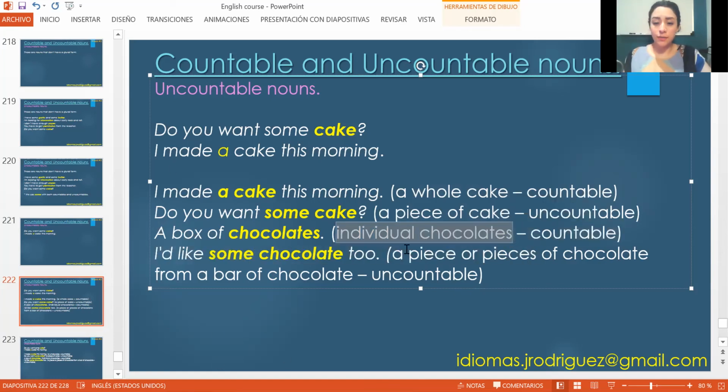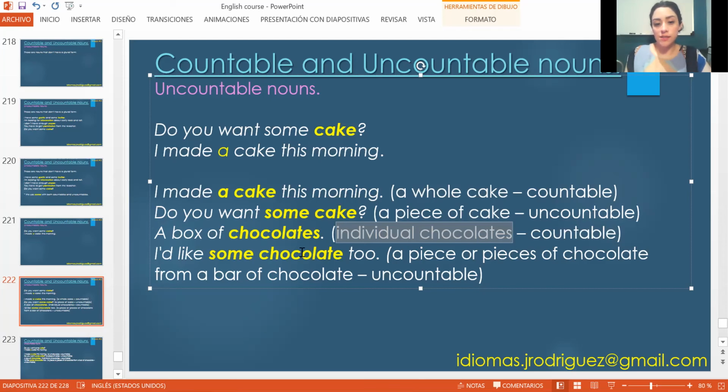Okay, chocolates individuales. And then I like some chocolate too. Me gustaría algo de chocolate también. Me refiero a algo de chocolate. No especifico si quiero una pieza o varias piezas de chocolate, si quiero una barra de chocolate. Ok, en este caso, chocolate es uncountable.